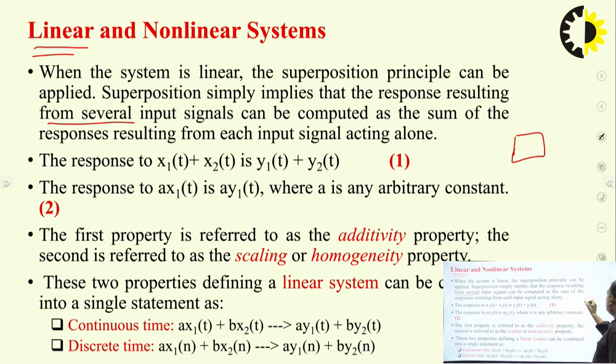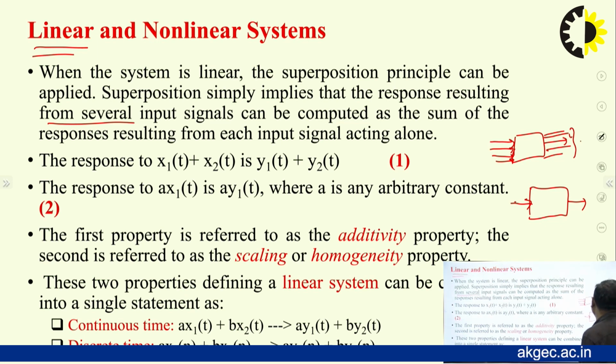One time, we are giving so many inputs to this system and we are calculating the output, we are getting different outputs and we are combining these outputs. Okay. And another time we will sum these inputs and give the sum as input here, and the output that we are getting here is basically the combination of these outputs.